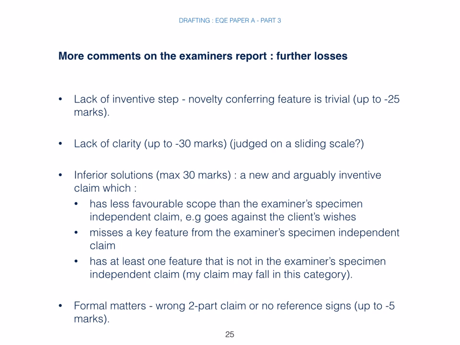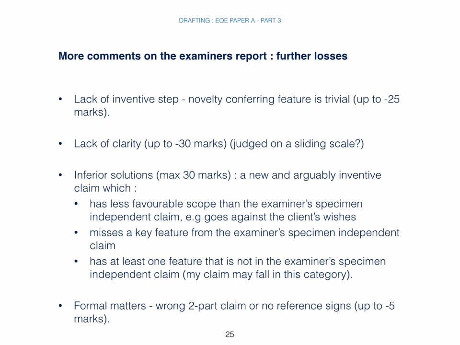Lack of clarity loses up to minus 30 marks. And as I said before, lack of clarity seems to be judged on a sliding scale. If it's slightly unclear, you may lose 5 marks. If it's terribly unclear, you may lose 20 marks. If it's completely unclear, you may lose 30 marks. So clarity is judged on a sliding scale in the EQE.